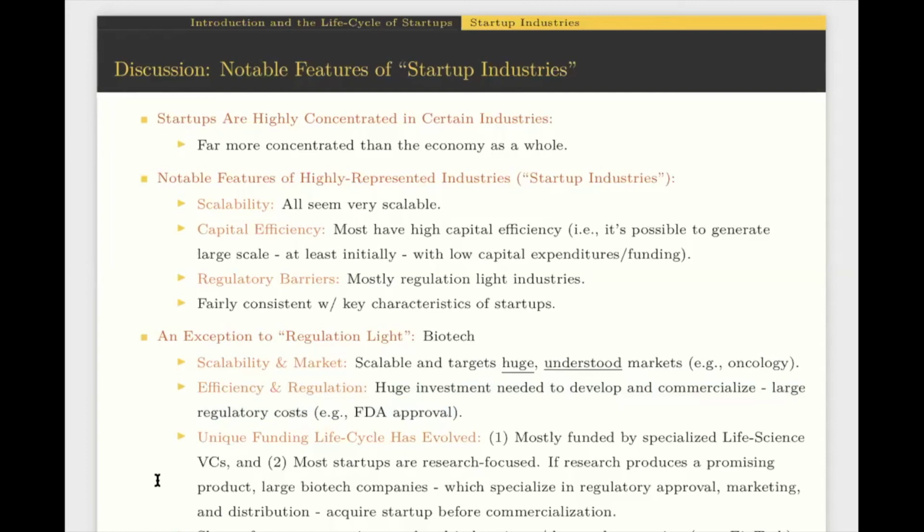But another thing that's interesting with biotech startups is most of the startups that get funded are research focused. So they're in the product development stage.